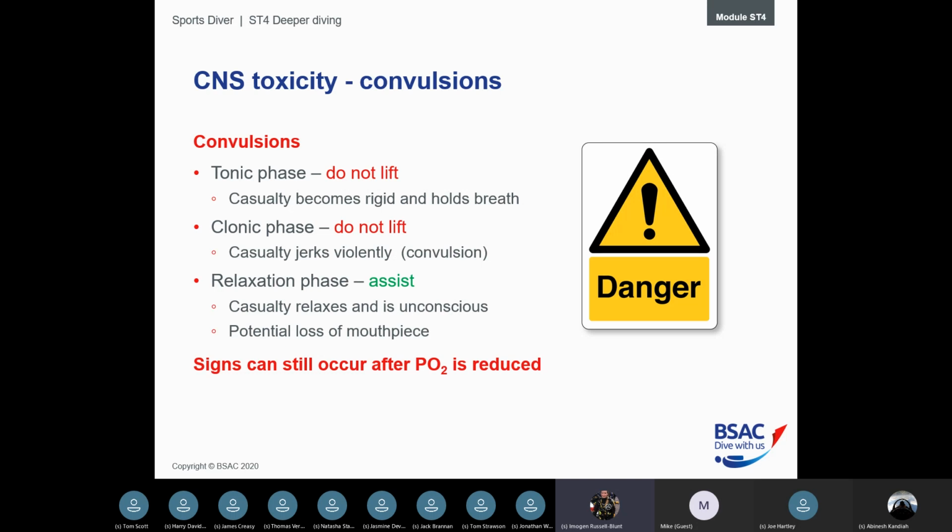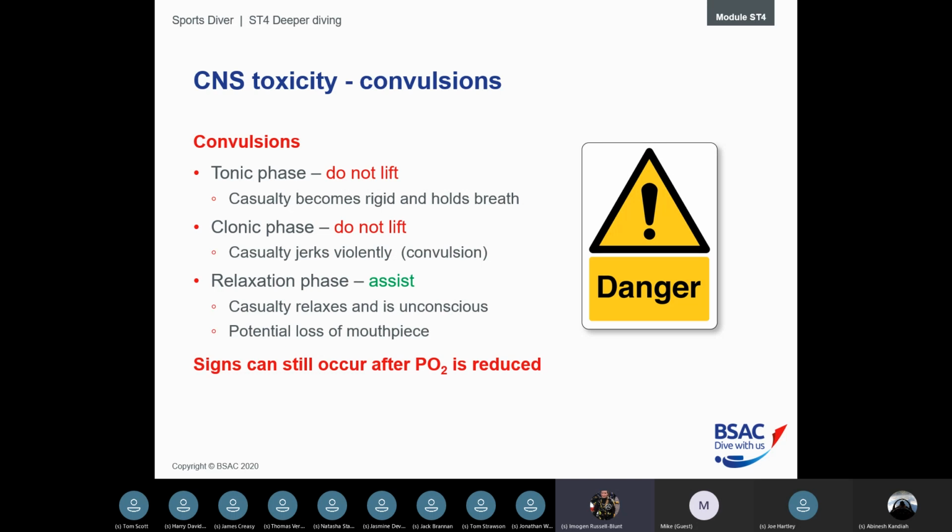You would hope that you can get them in the last phase. In your tonic phase, your casualty's going to become really stiff, like a statue, and hold their breath. Now, if they hold their breath in, they're going to start to ascend. That's obviously going to be an issue. We teach you guys not to hold your breath. Do not hold your breath ever.